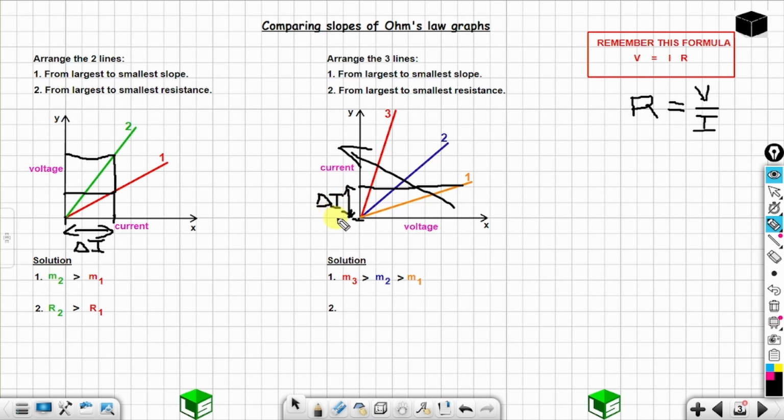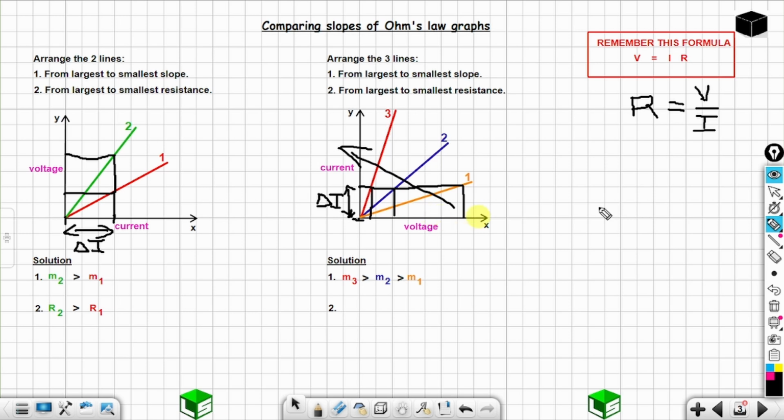Now we are going to compare the voltage. The larger the voltage, the larger the resistance. Can you see number 1 has got the largest voltage, followed by number 2, and then number 3.